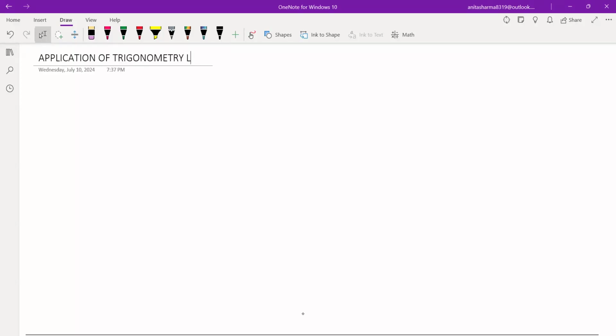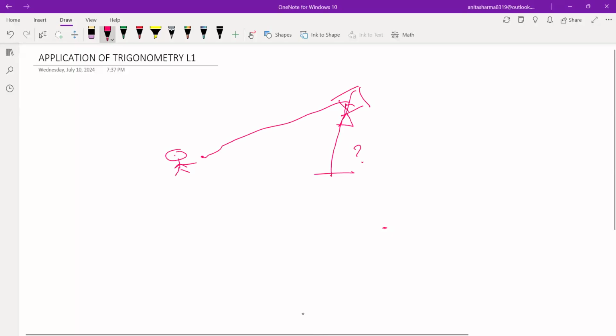So children, see here. Suppose a boy is flying a kite. The boy is standing here. And at what height the kite is from the ground, this we can find by the application of trigonometry.